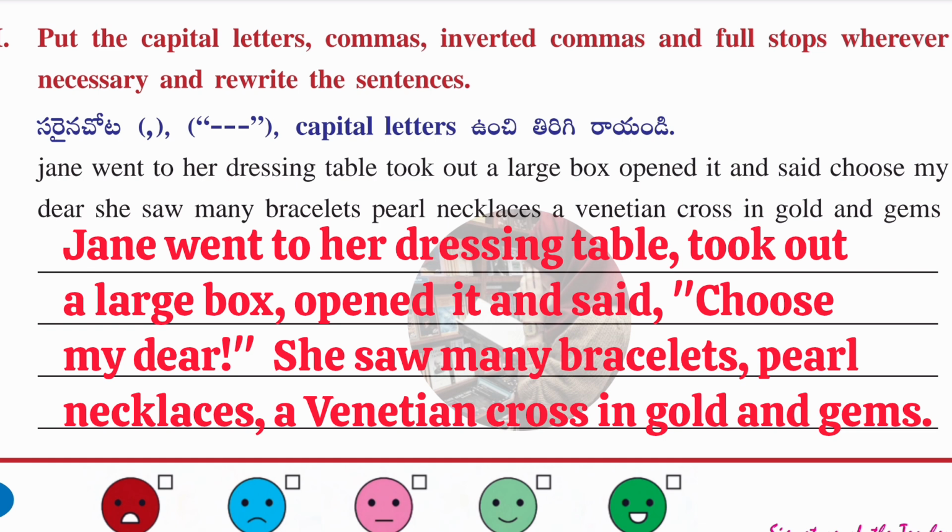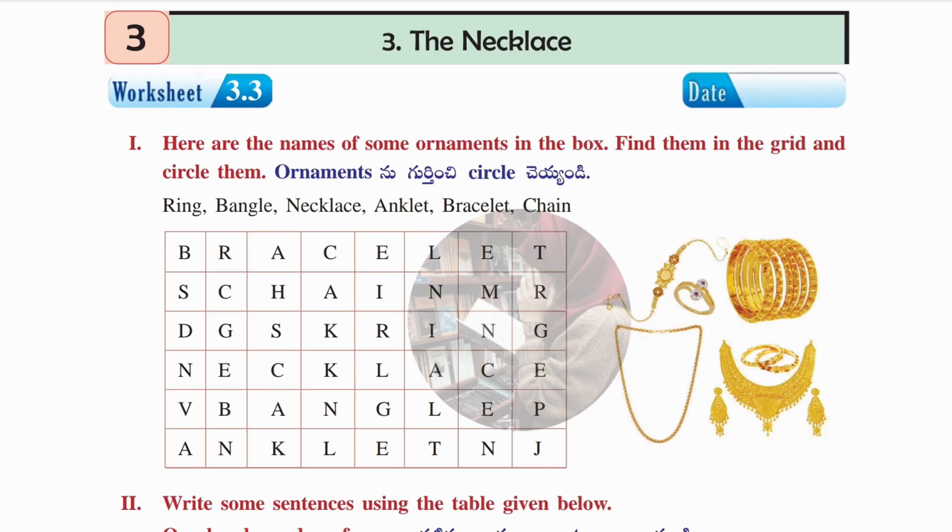Then she saw many bracelets, comma, pearl, comma, necklace, comma, a Venetian cross in gold and gems. Full stop. Okay, guys, just pause the video and write it down carefully without any mistake. So in this way you have to complete. Now we'll move to the next worksheet, that is worksheet number 3.3.